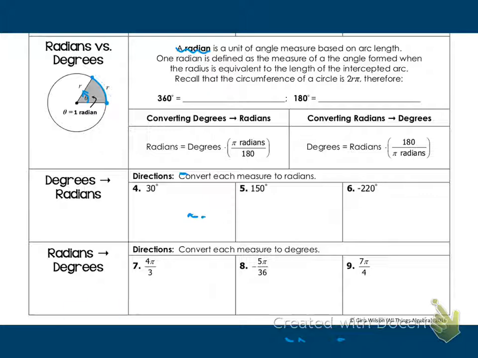Now, 1 radian is defined as the measure of the angle formed when the radius is equivalent to the length of the intercepted arc. Recall that the circumference of a circle is 2 pi r. Therefore, 360 degrees is actually equal to 2 pi, or in this case, 2 pi r.